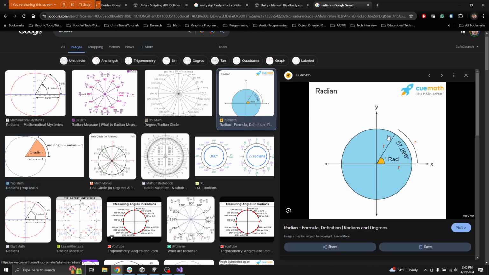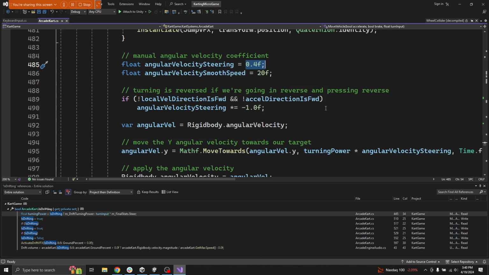And here's the conversion right here. It's about 57 degrees. If this is the radius of the circle, how far along the circumference can we go for 1 radian, 1 rad? So anyway, just something to be aware of.